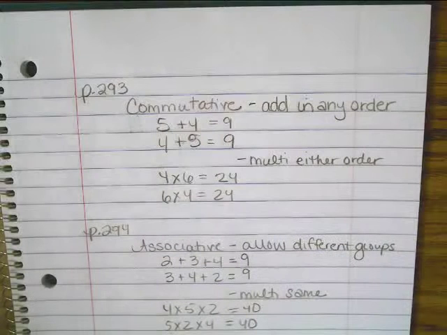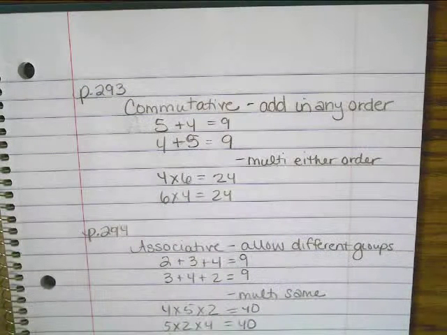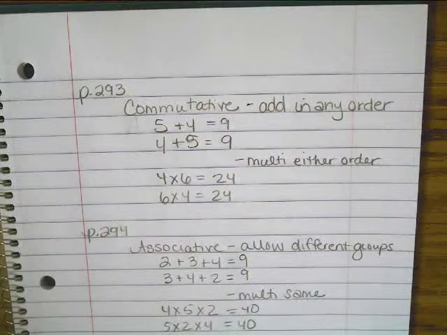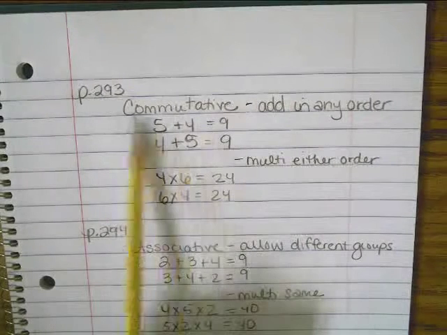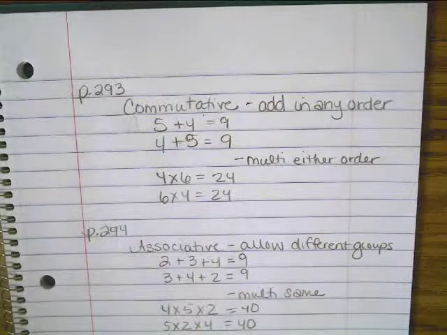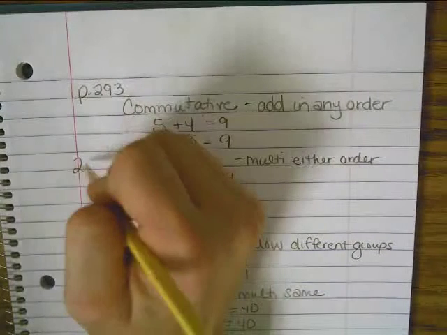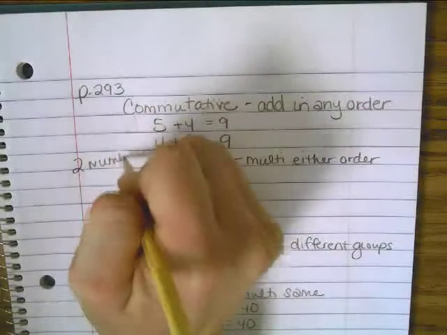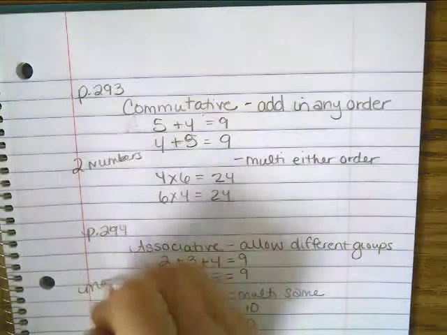Either way, it doesn't matter. We're always going to come up with the same answer. Okay? We're good there? We understand the difference between the two? They're almost the same except this one is 2 numbers, this one is more than 2.